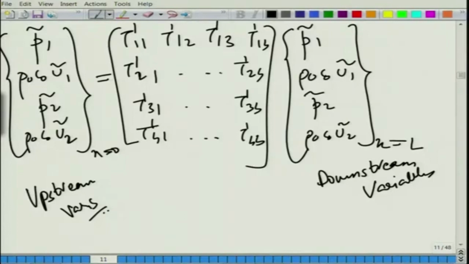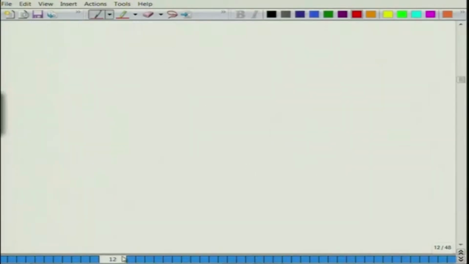Now, if we were to reshuffle this by putting P2 in the second row and getting this here, similarly P2 at the downstream will be here. This will be followed by some sort of a rearrangement of the equations, that is your rows as well as some of the columns. So, let us see how the final form that will be amenable to application of boundary conditions would look like.